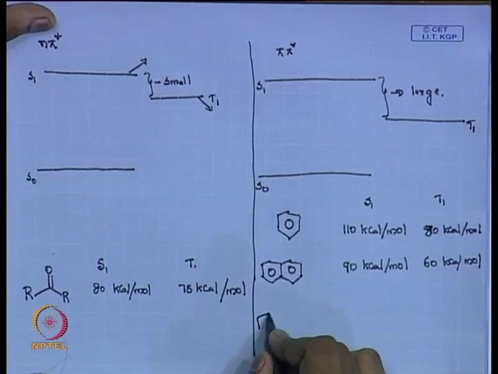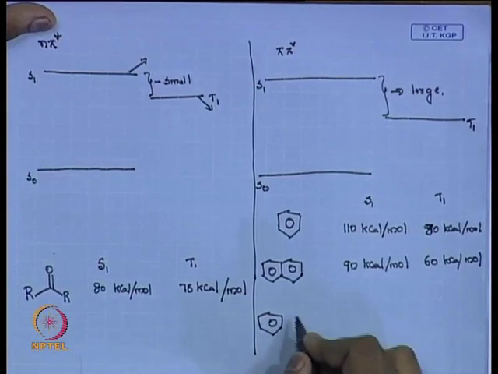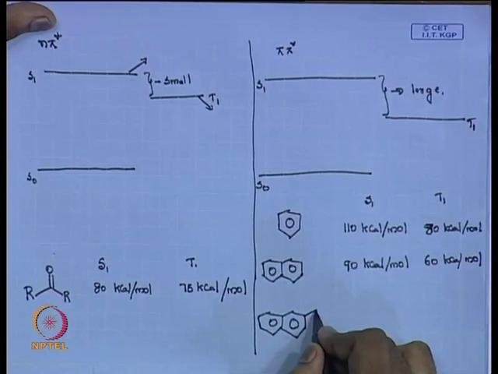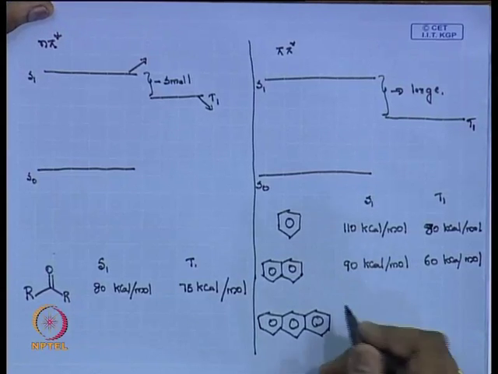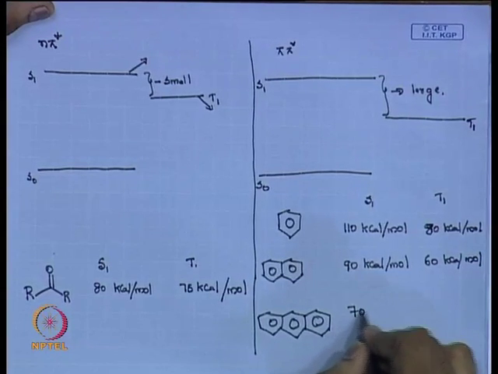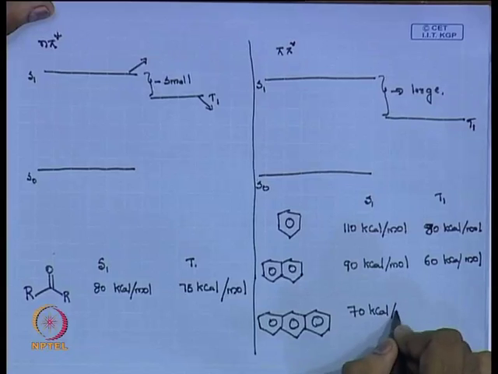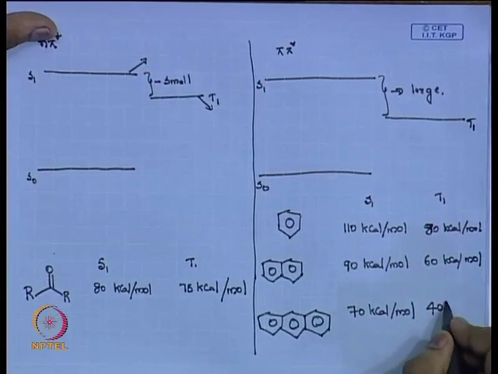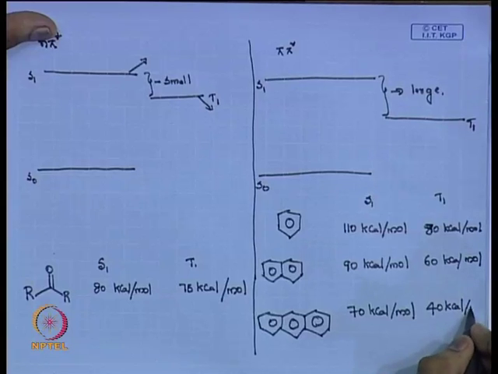If I draw for anthracene, it is 70 kilocalories per mole, and for this it is 40 kilocalories per mole.